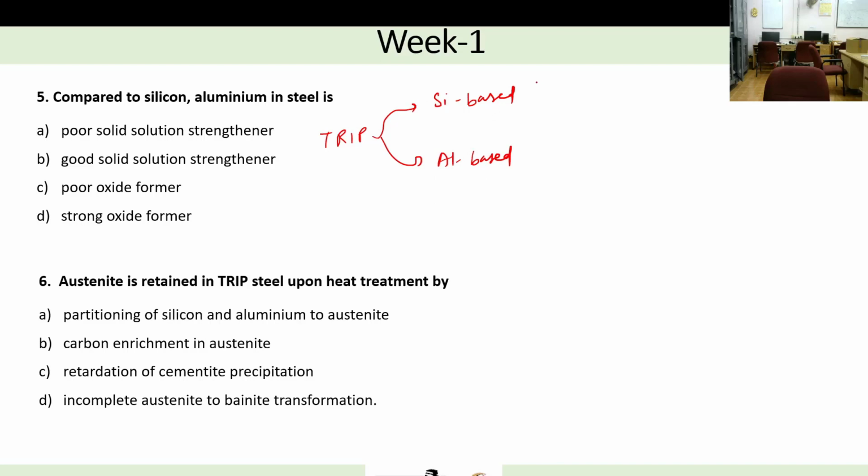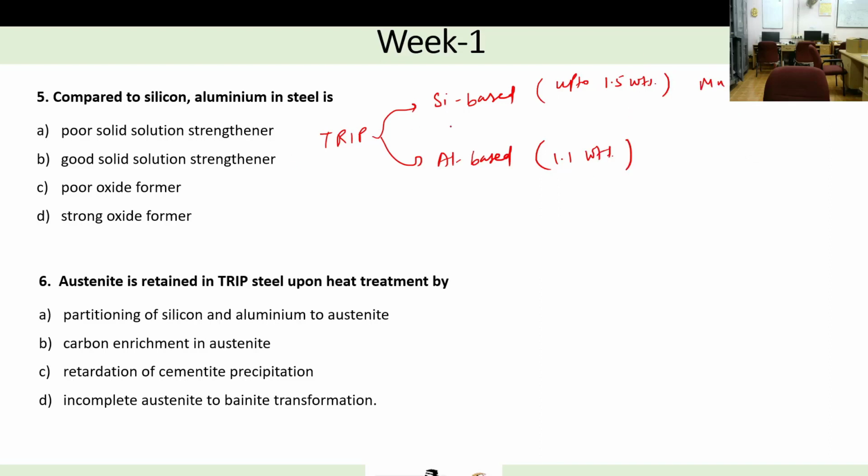In the silicon based TRIP steel, we add silicon only up to 1.5 weight percent, and in aluminum it goes up to 1.1 weight percent, and apart from that you will have manganese and carbon as other alloying elements in both the steels.